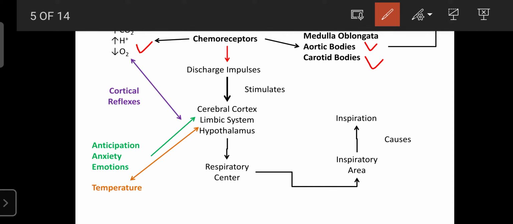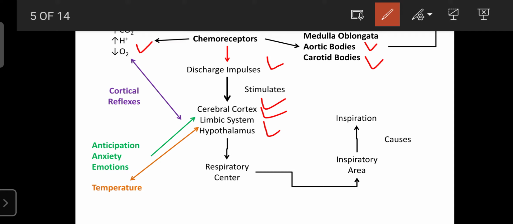The chemoreceptor's major function is to check the chemical composition of the blood. During the accumulation of carbon dioxide in the blood, the chemoreceptor detects it. Then they discharge impulses, and these impulses stimulate the cerebral cortex as well as the limbic system and hypothalamus.